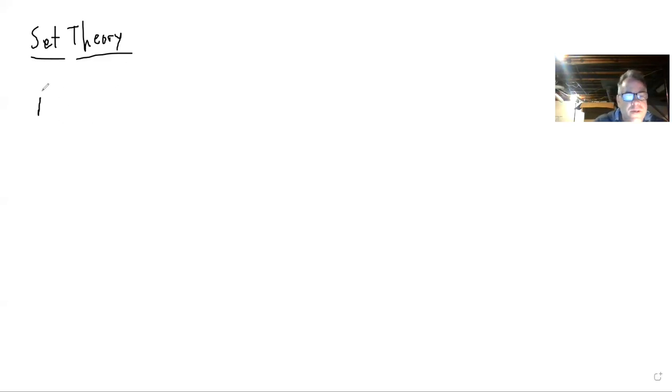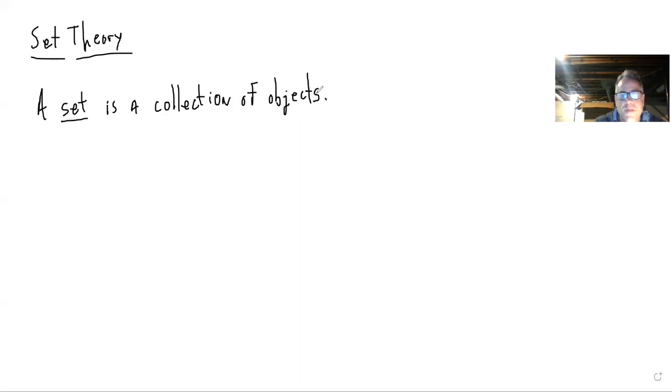So let's just first define a set. And it's real simple. A set is a collection of objects. All right, so any collection of objects is going to be what we're going to call a set.